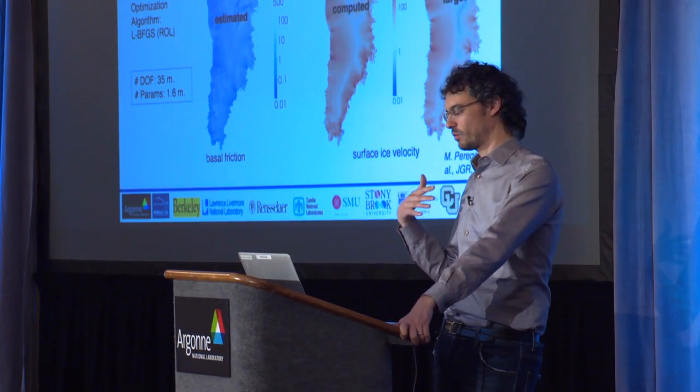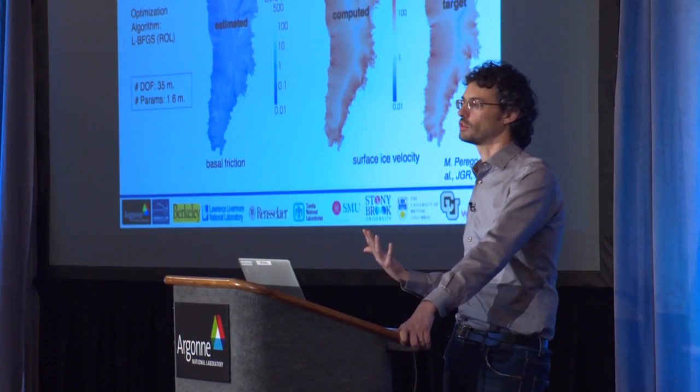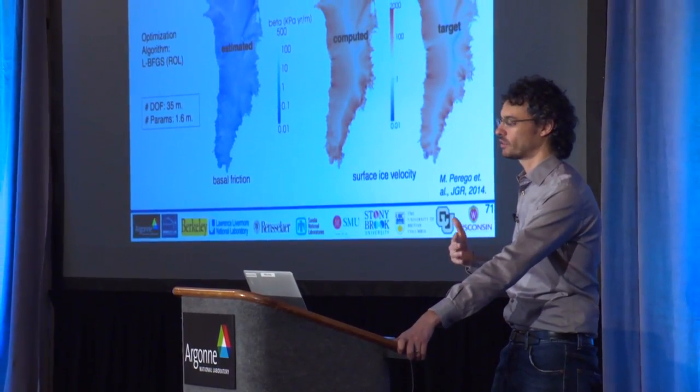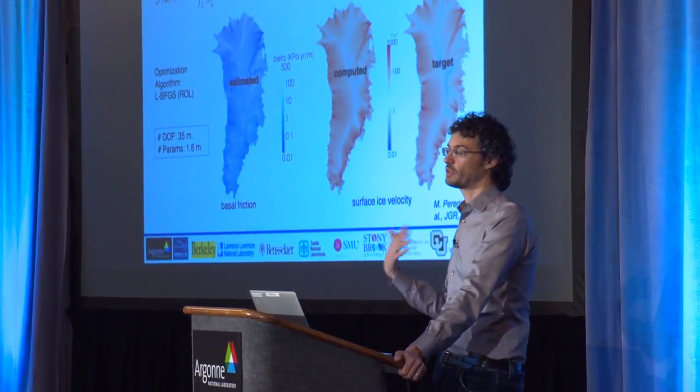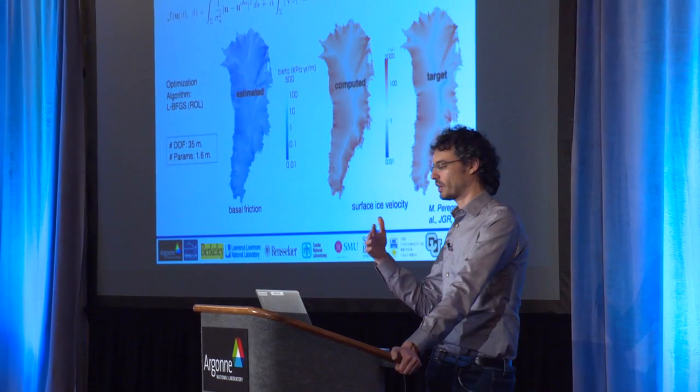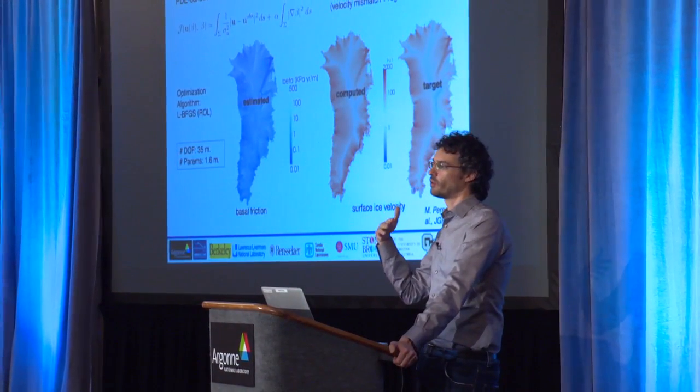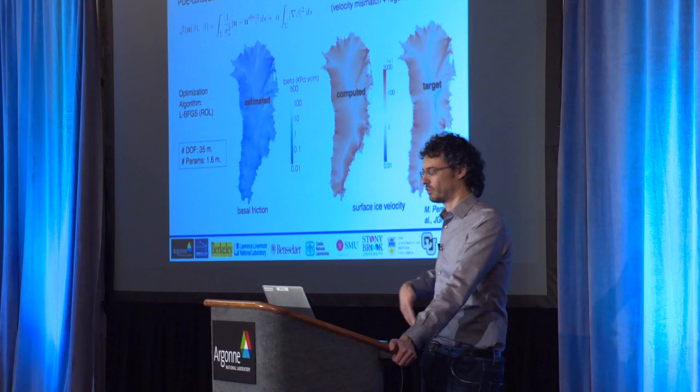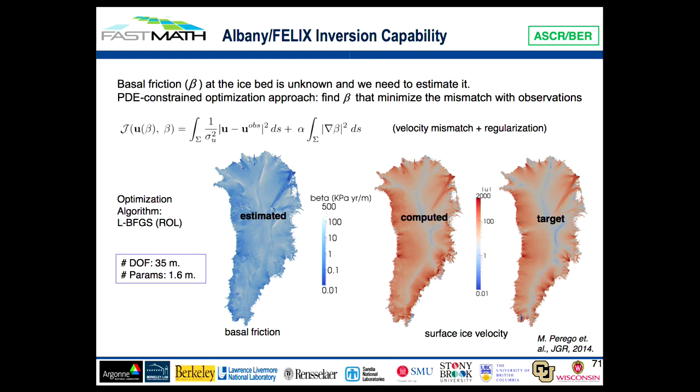In order to estimate this condition, this field, we solve this with PDE constrained optimization, and we try to match the observation of the surface velocity of the ice. In this case, I'm showing you a reconstruction, an estimation of the basal friction, the friction between the ice and the bed.